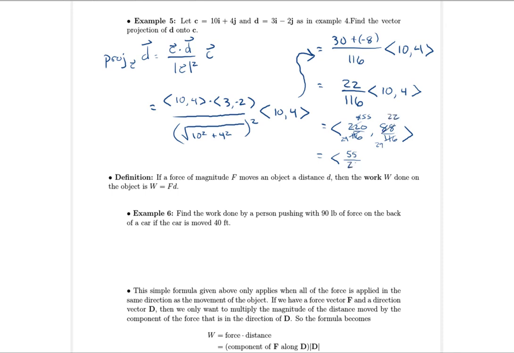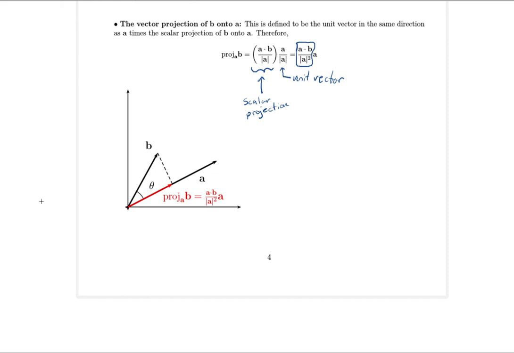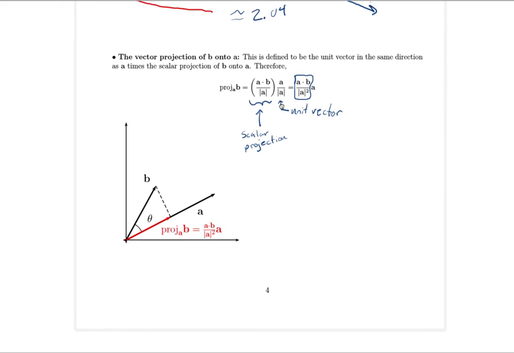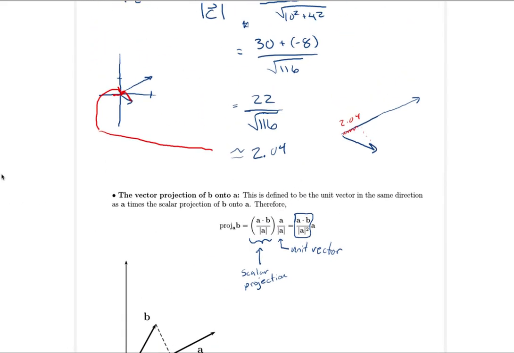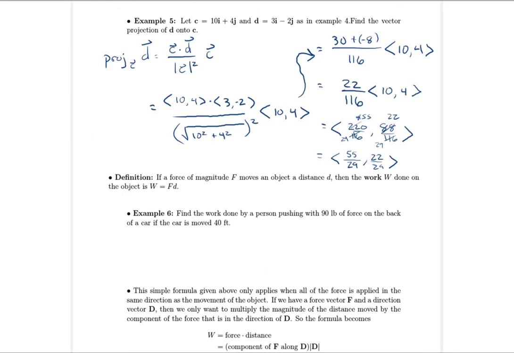So 55 over 29 and 22 over 29. Okay, and not to go and redraw the picture, but what is it we've done here? All I've done is I've gone back to the picture we drew here, saying that this has a length of 2.04, and then I've turned it into a vector. So this vector from this picture here is what we just calculated. So this is that red vector.